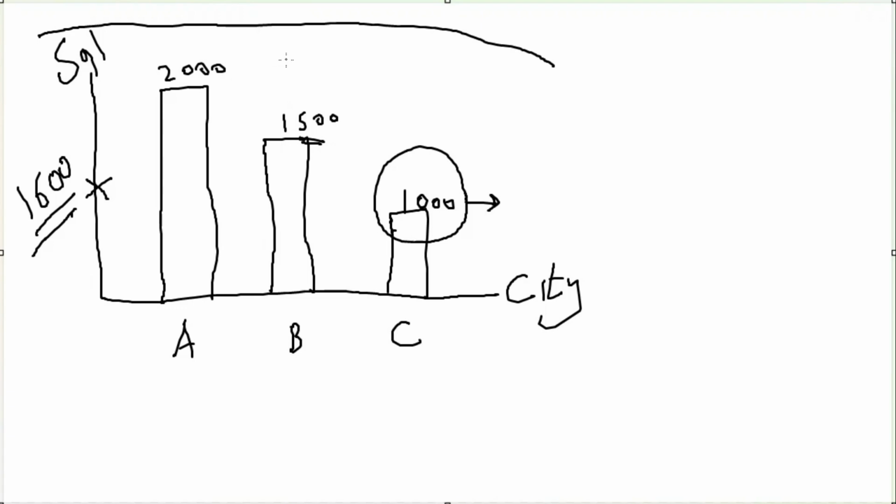Now let's go more into details of the individuals. Let's say that there is an individual here in city B, an individual here with a salary of 2,000. Of course, we have an individual here, and we have an individual here, and maybe some individual in this position.